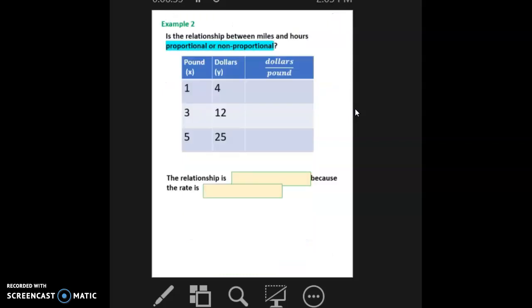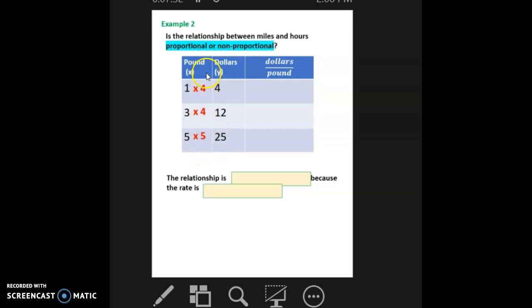Let's look at one more example. Is the relationship between miles and hours proportional or non-proportional? Pause it and think about it. Okay, let's see. We can multiply by 4. 1 times 4 is 4. 3 times 4 is 12. And we can't do 5 times 4. We have to do 5 times 5 to get 25.